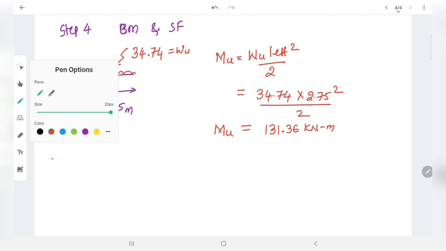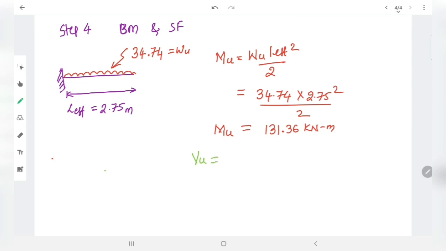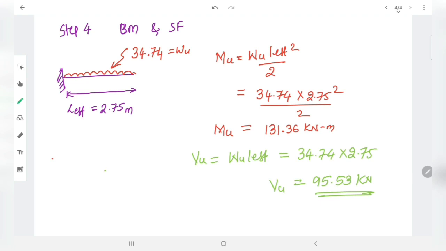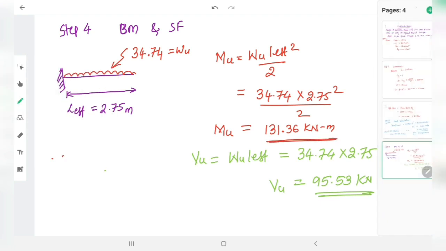When it comes to the shear force, VU is equal to WU into L effective, 34.74 into 2.75. VU is equal to 95.53 kilonewton. This is the shear force and this is the bending moment acting on the section.